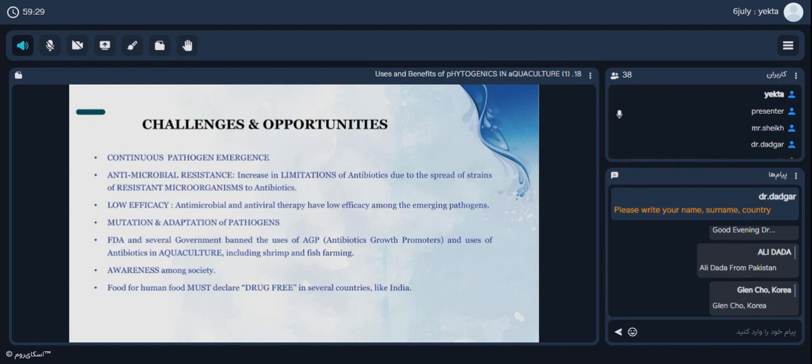So that is about the awareness among society. And food for humans must declare drug-free. Shrimp or fish are food for us, but their food, like what we produce, shrimp feed or chicken feed or fish feed, must be drug-free. And in several countries, take the example of India, you have to declare on the bag that this feed is free from drugs.